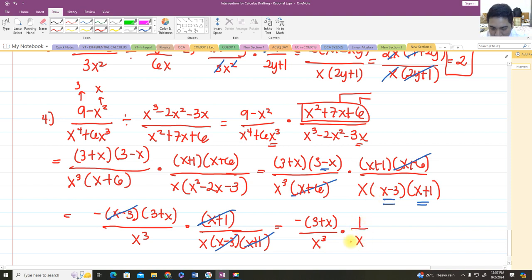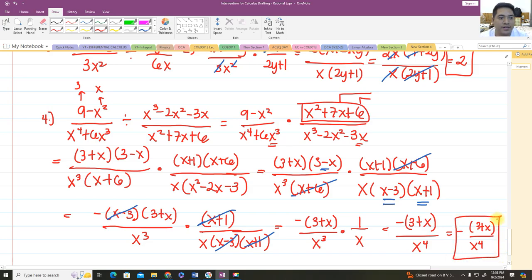So if I do that, that would be negative 3 plus x, and then x raised to 4. So that will be our answer. We can rewrite it as negative of 3 plus x all over x raised to 4. So this will be our answer since we cannot cancel anything from it.